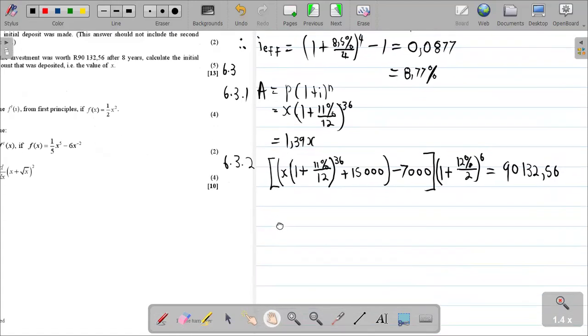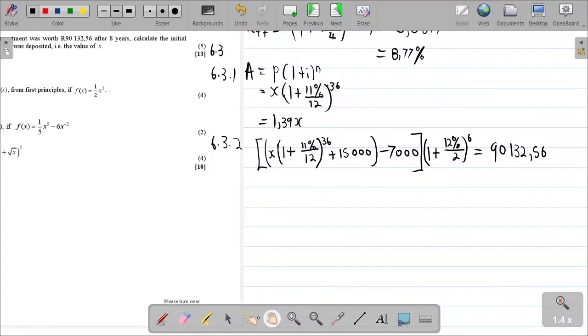So then we have to simplify here. So then what's going to happen here is we must divide by this here. We say therefore it's going to be x times 1 plus 11% over 12 to the power of 36.